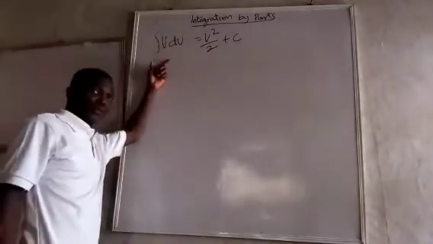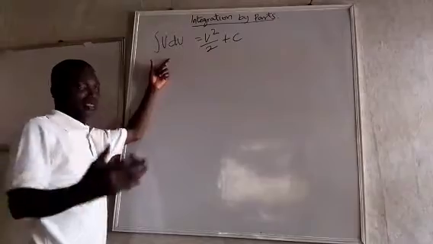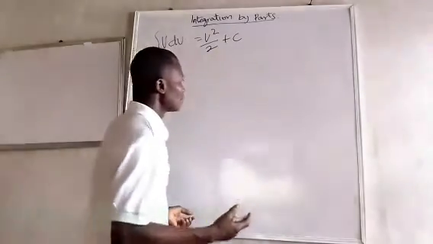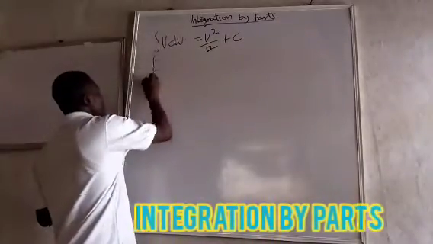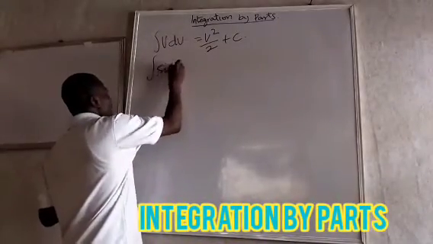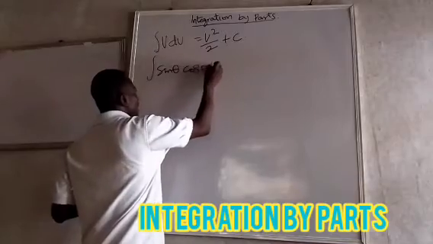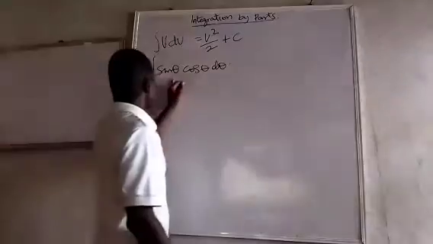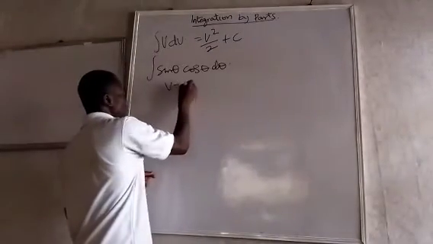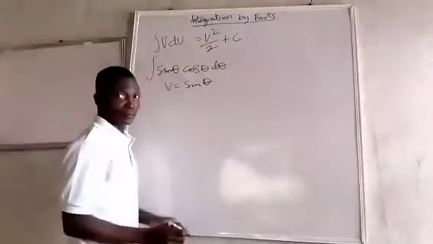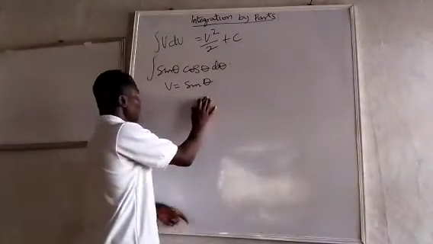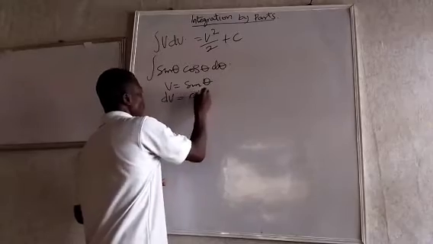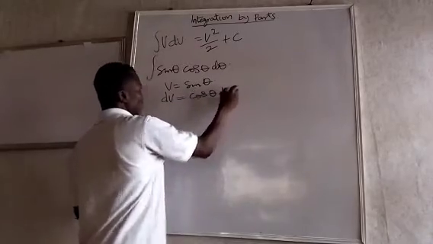Let's say v is a function of t or a function of theta or anything like that. Let's look at this example. If we have sin theta cos theta d theta, you can see that v is equal to sin theta. If we differentiate this, we are going to have dv equal to cos theta d theta.